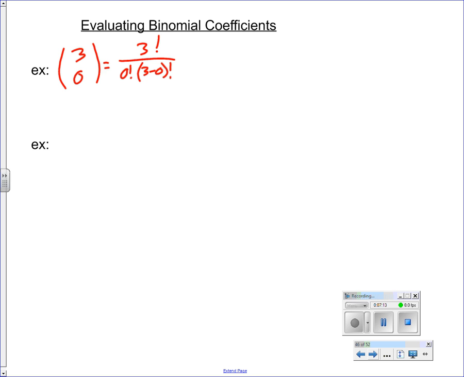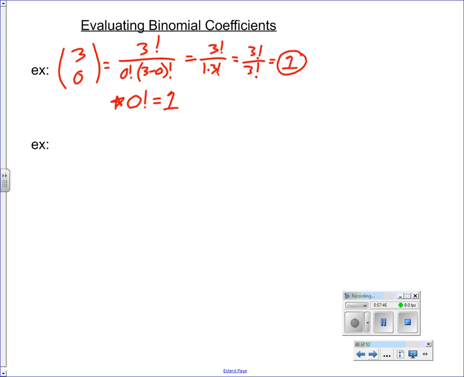One thing to remember from what we've been doing in class is that 0 factorial, by definition, is 1. So this is 3 factorial over 1 times 3 factorial, so that's just 1. In other words, in a third degree binomial expansion, the first coefficient would be 1.